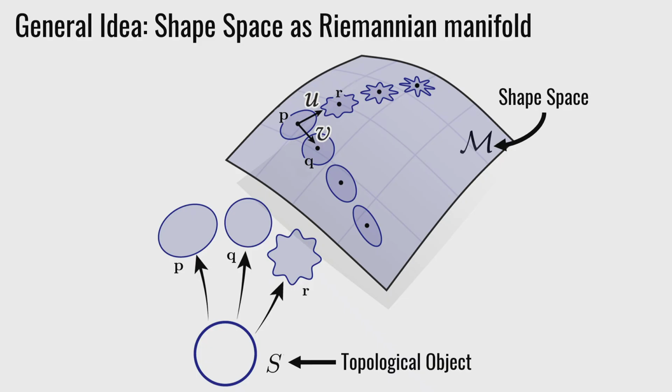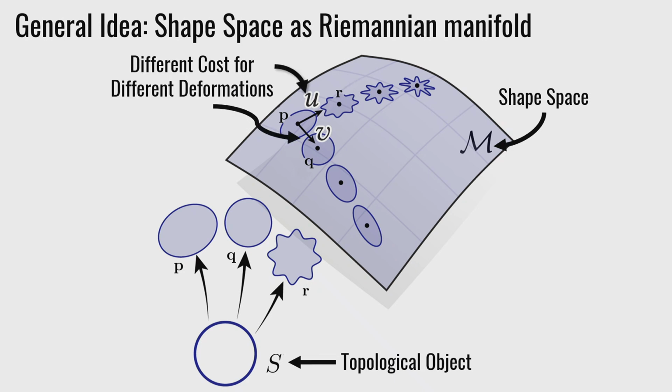And now to measure things on this manifold, you need some way to measure how expensive it would be to deform your object. So for example, here you start in a point P, which refers to this elliptic circle, and then you want to have a cost that tells you how expensive it would be if I now go in the direction of this arrow U and get a sequence of shapes.